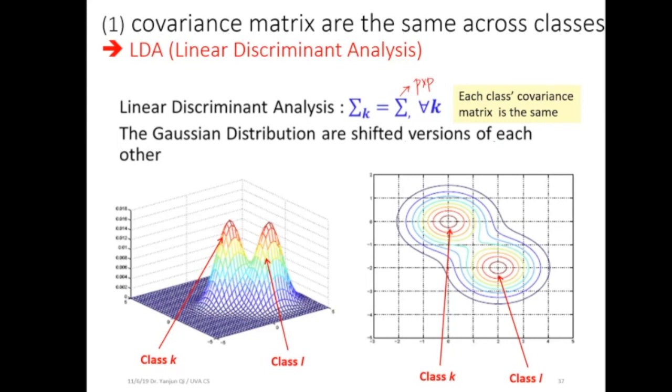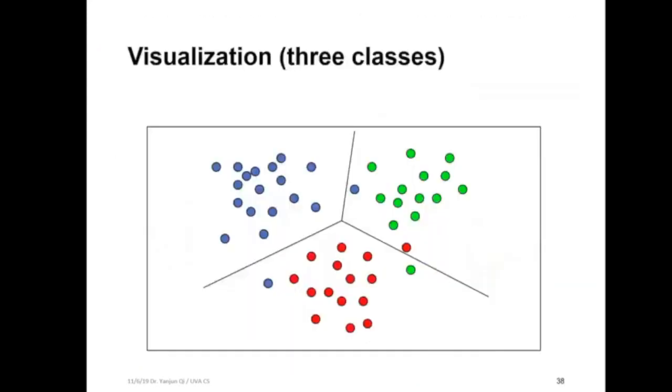In this case, this is the first class, this is class L, this is class K, and this is the surface map view. They have the same contour shape, and this is exactly what LDA assumes.